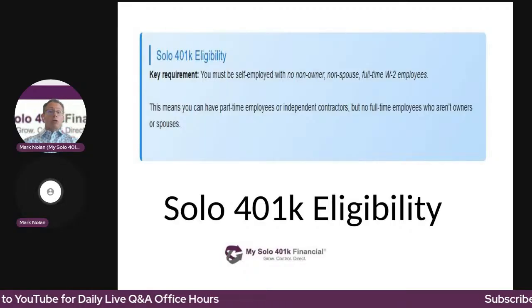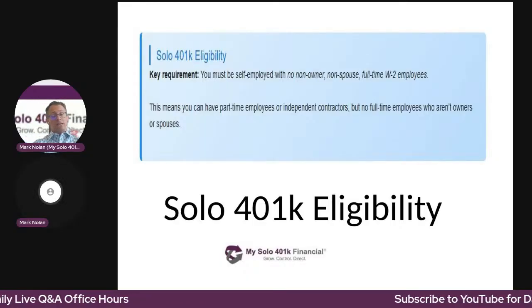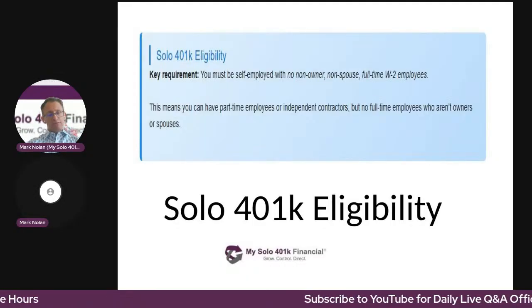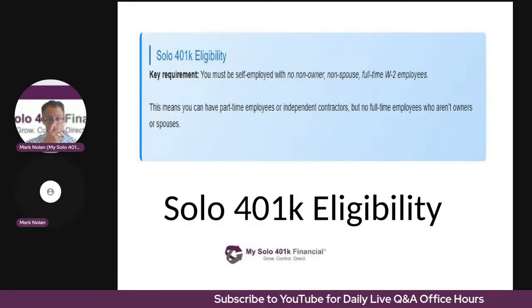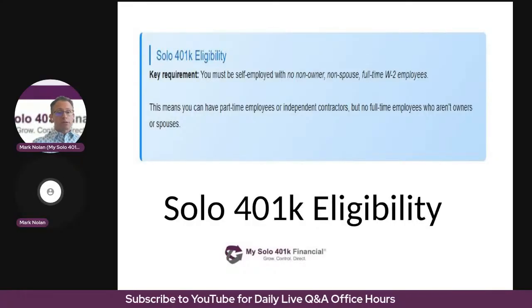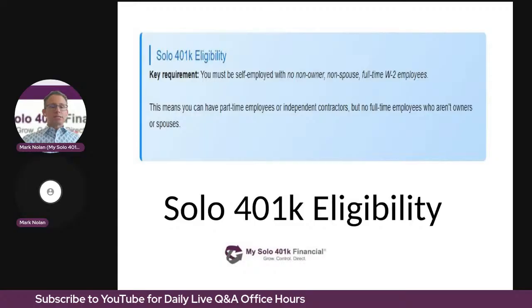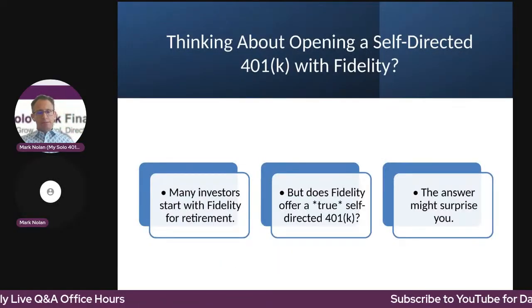But as long as you're working for the business, you can continue with the plan and open a solo 401k plan for that matter. So obviously it's important to understand the eligibility requirements before you open a solo 401k plan, as not everybody qualifies.